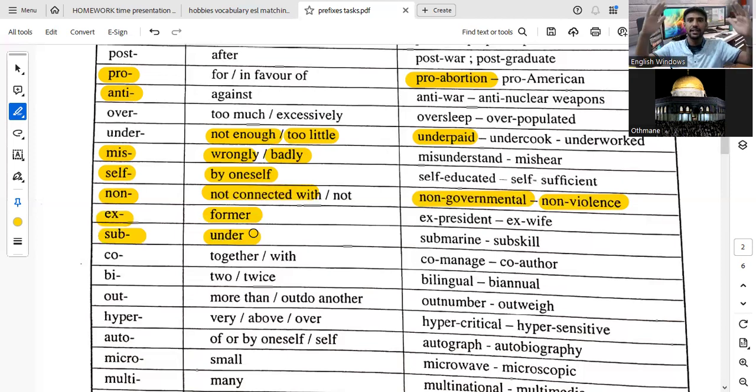Skill. We've got skill. What is skill? Skill is ability, right? Just like when we talk about language skills: reading, writing, speaking, listening. These are the four language skills. Anyone who wants to learn a language needs listening first, then speaking, reading and then writing.